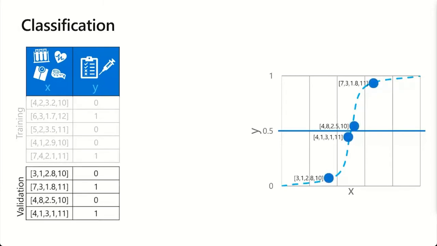Now let's look at our validation set. Again, we have a little bit of validation set, and we plot again the values on this line. Now, looking at this plot, you can see a couple of things. The top value here, the top blue circle, is pretty certain that that person has diabetes.